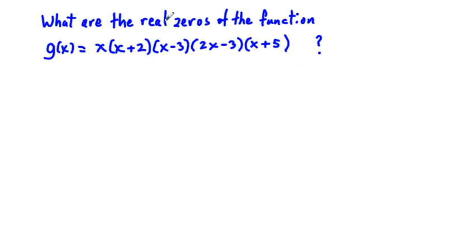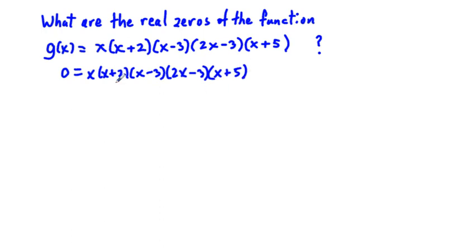Okay, what are the real zeros of the function g of x? Well, what we can do is set this equal to 0. So 0 equals x times quantity x plus 2 times quantity x minus 3 times quantity 2x minus 3 times quantity x plus 5.